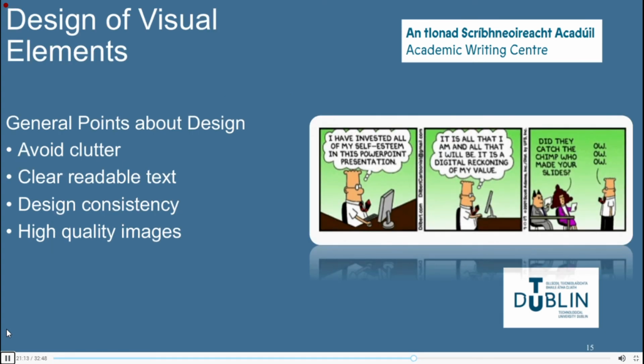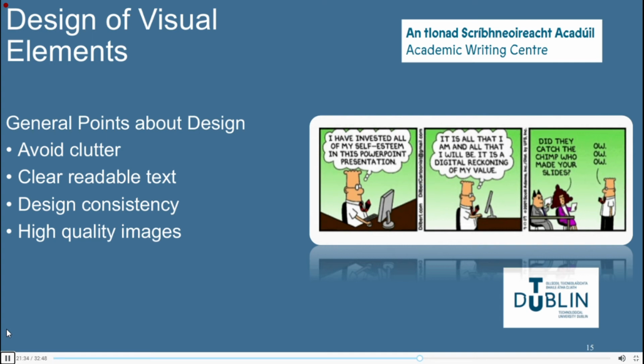So just some general points about the design of visual elements. And a take-home message is to avoid clutter. Clutter with too many images or text that is too large or too much of it.